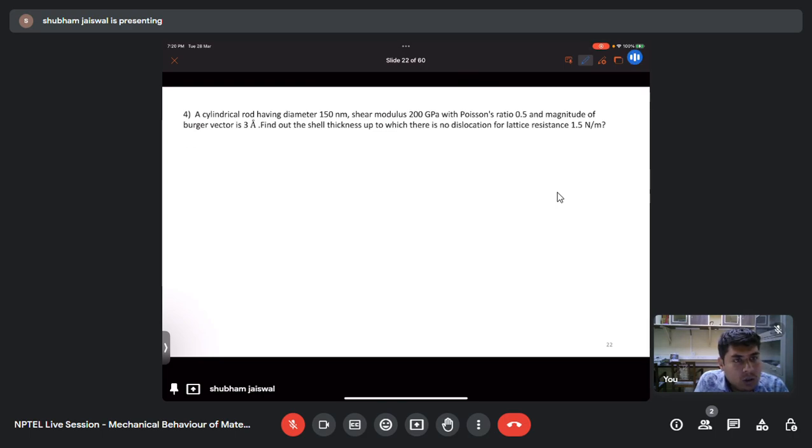So here also we need to use the concept of image force as the thickness will be very small. Near to the surface only the dislocations will move out, or there will be no dislocation present near the surface. So you need to use the concept of image force here.